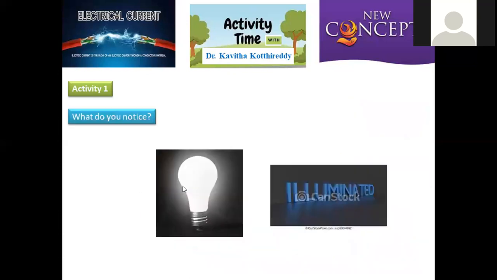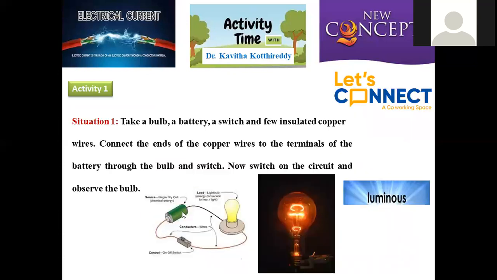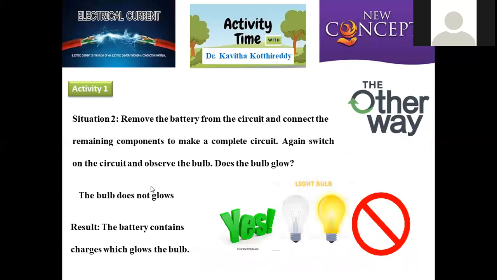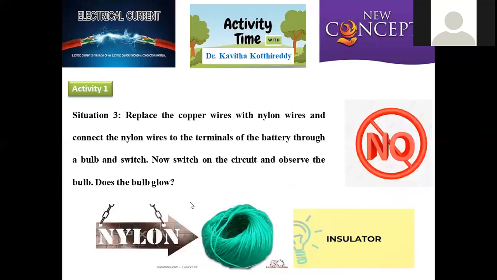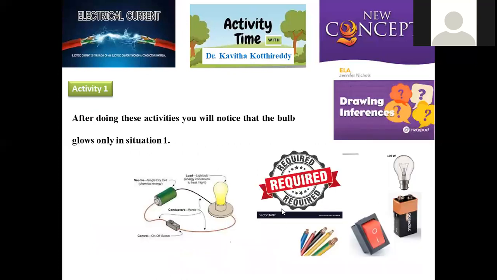Situation 1, where we take a battery, copper wire, and switchboard, connected with the electrical bulb, becomes luminous. This is very clear. In the second condition, we remove the battery, so glowing is not possible. In the third condition, we replace the conducting material with another called a nylon wire, so conduction may not be possible, right?